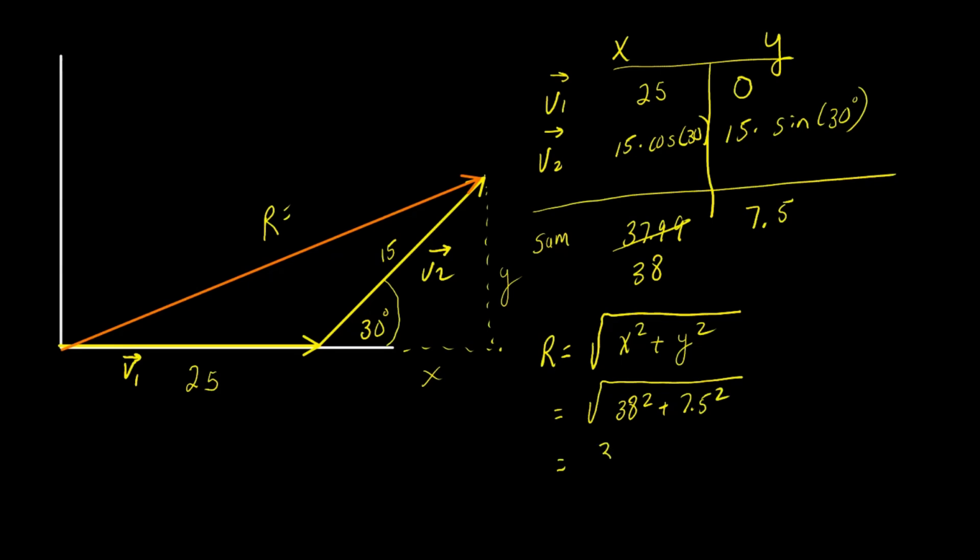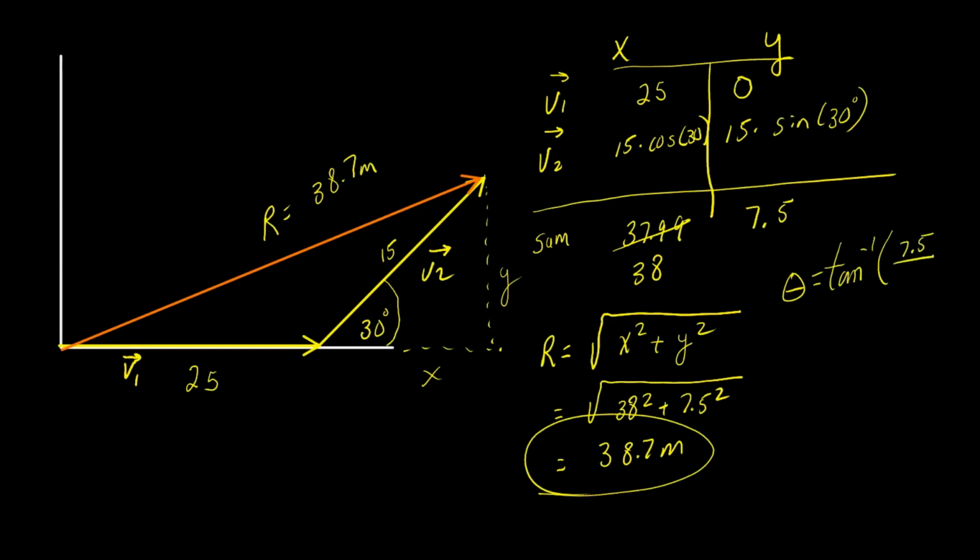That will give me 38.7 meters. So I know this is going to be 38.7 meters here. All right, now let's solve for the angle. All right, so I'm going to say that theta is equal to the inverse tan of the Y sum over the X sum.